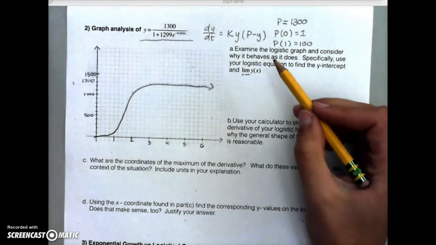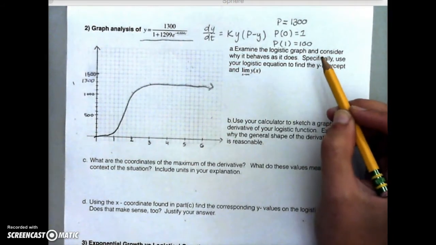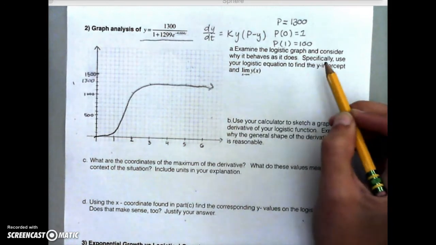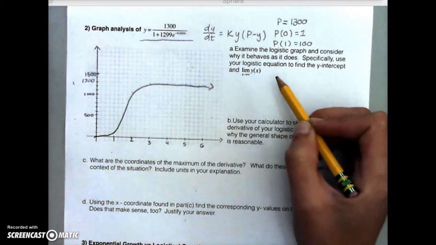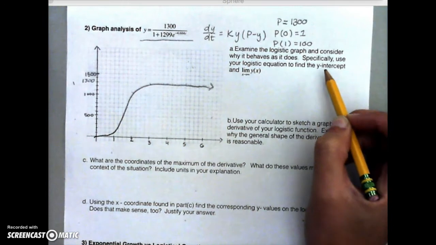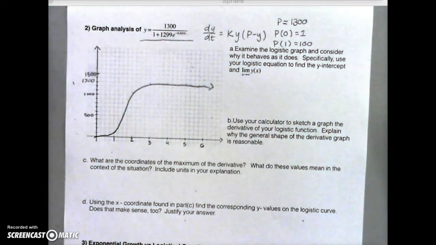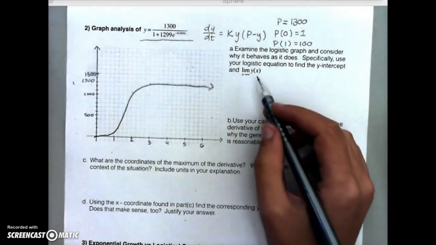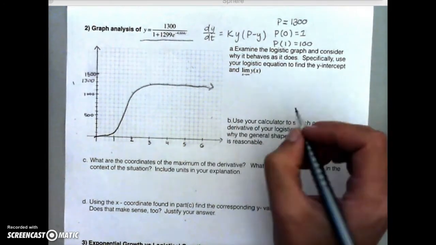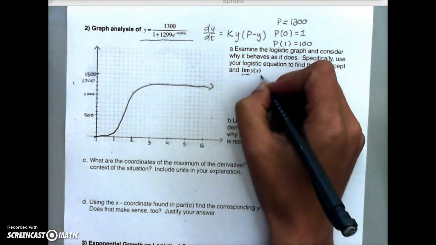So explain the logistic graph and examine it and consider why it behaves as it does. Specifically, use your logistic equation to find the y-intercept and the limit as x goes to infinity of the function y of x.